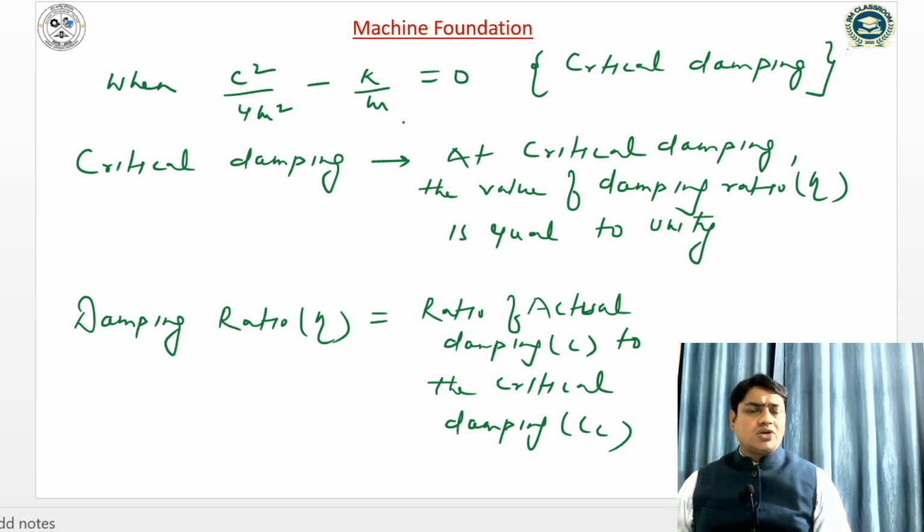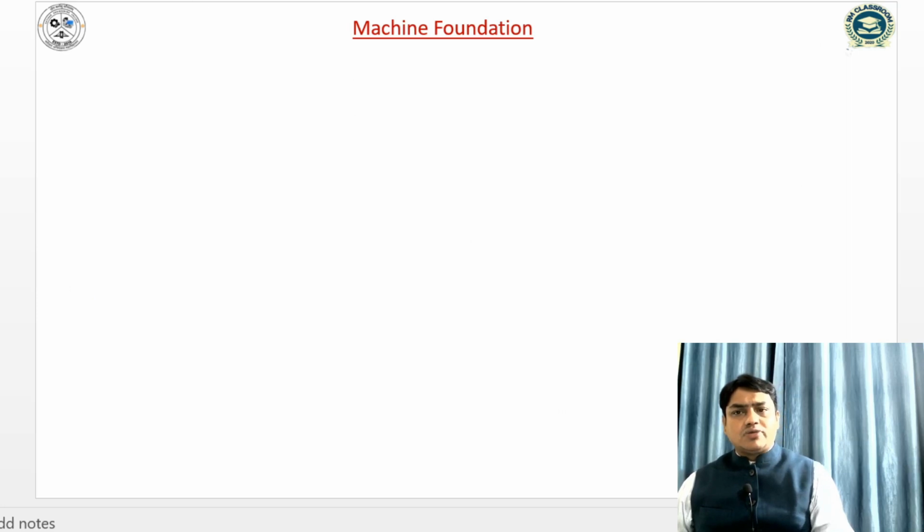So what will be the condition of the critical damping? When the value of c square by 4m square minus k by m is equal to 0, if I solve this, c turns to Cc, because this is the case of critical damping. So Cc square divided by 4m square is equal to k by m.